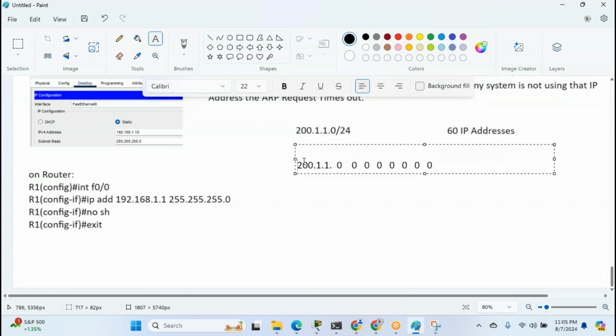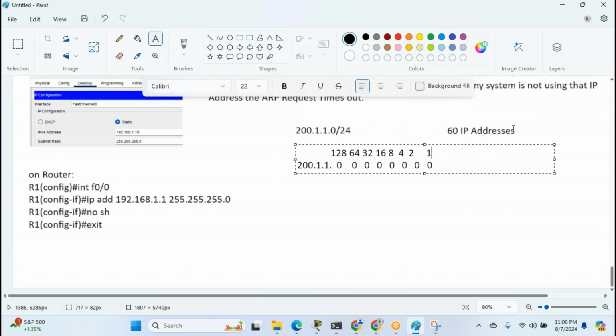Each bit has a value. The first bit's value is 128, next one is 64, next one is 32, then 16, 8, 4, 2, 1.